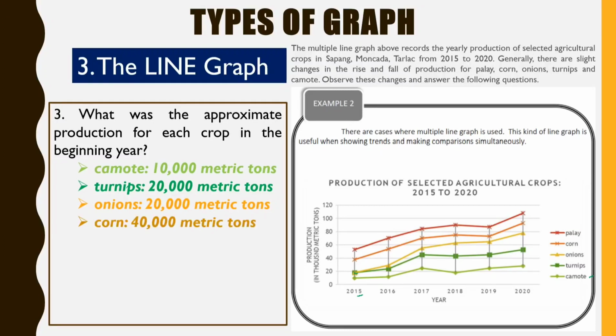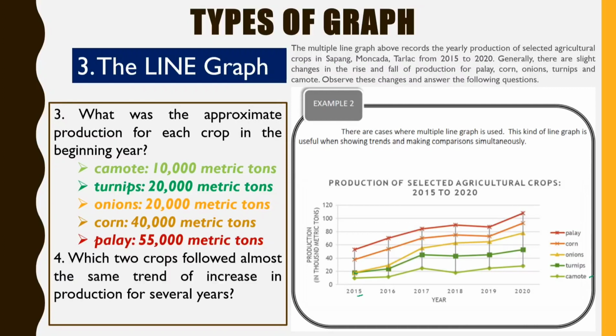For corn, it is aligned in 40, so it is 40,000 metric tons. And for palay, it is between 40 and 60, but it is higher than the half, so we can approximate it as 55,000 metric tons.